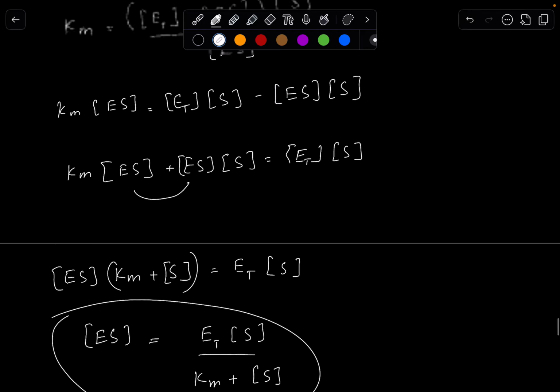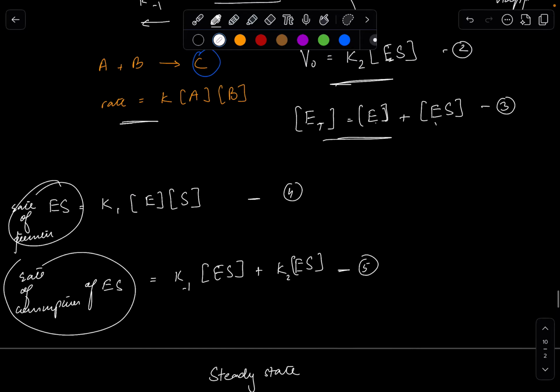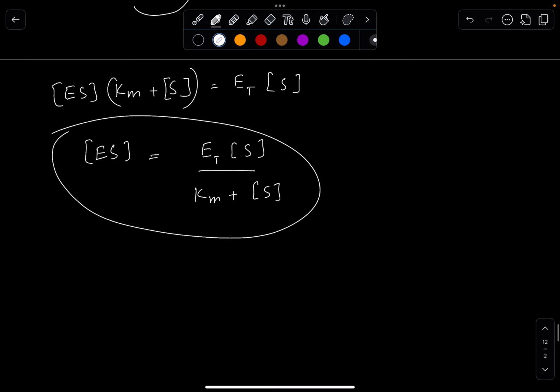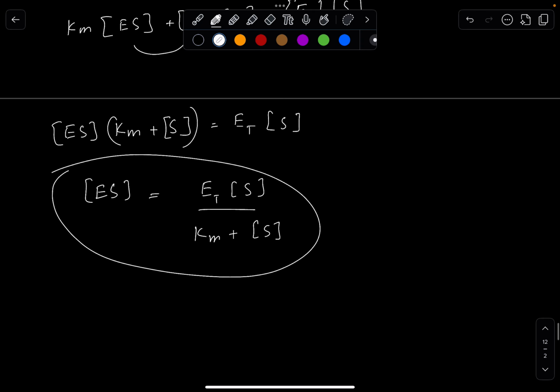Now, remember equation 2? The first thing that we said, V0 equals K2 ES. What do we do with this? We will plug this equation that we have over here into this. So my V naught equals, this is 2.